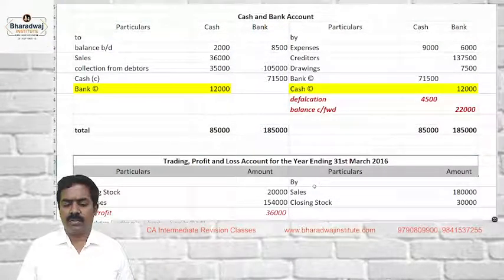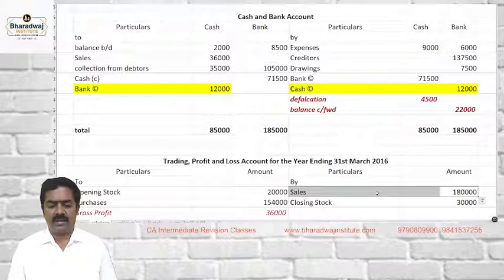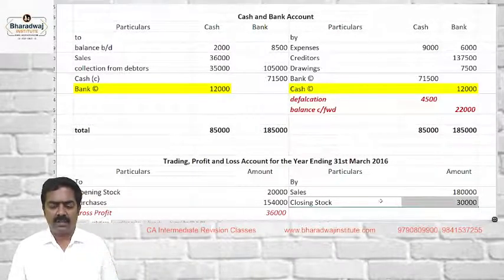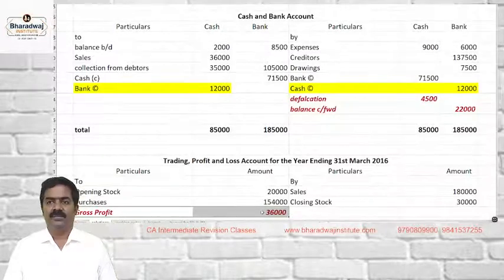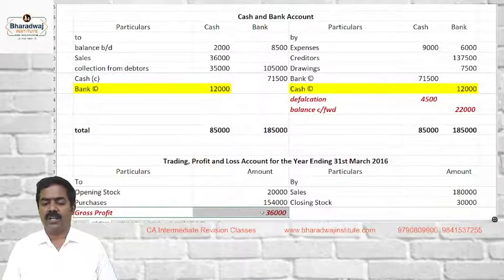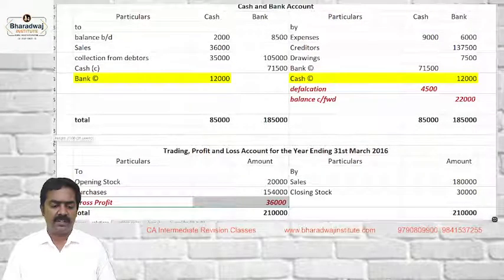Trading P&L account. By sales, the total sales, by closing stock, 30,000. Opening stock, purchases, the balancing figure will be gross profit. This you can verify. We worked out this 20% earlier, same thing. The 20% is this one.